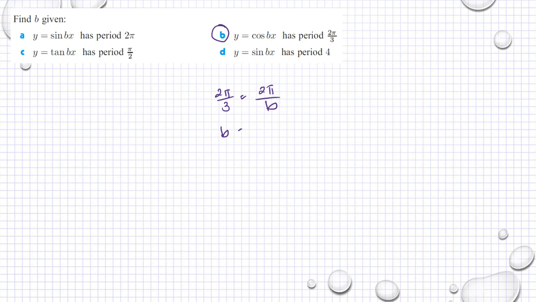So we have b is equal to, if we multiply both sides of the equation by b and 3 divided by 2 pi, then b is equal to 2 pi times 3 divided by 2 pi. This is 1, so we have b is equal to 3.